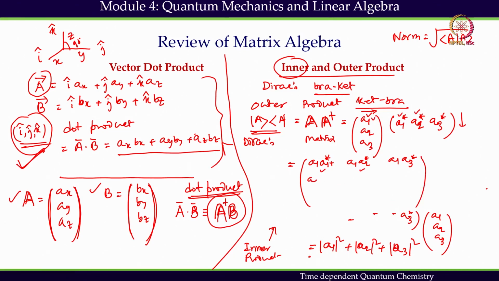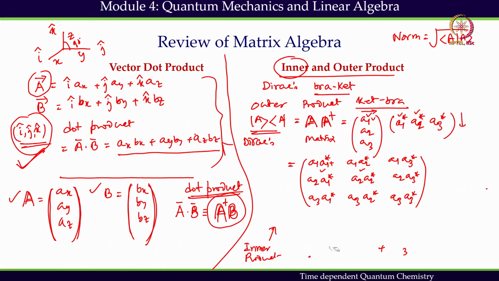Similarly, A2 A1 star, then A2 A2 star, then A2 A3 star, A3 A1 star, A3 A2 star, and A3 A3 star. This is what we get, and after we get that, we can further rewrite this matrix.